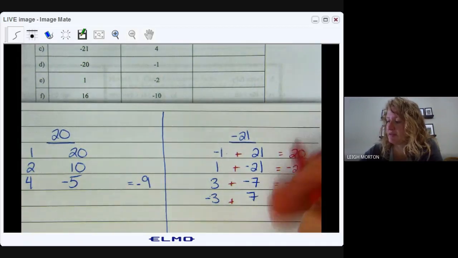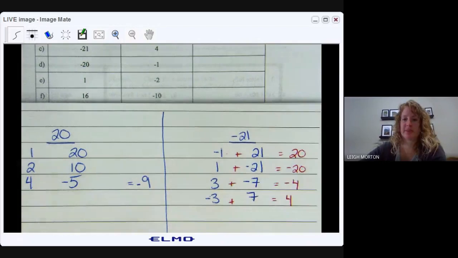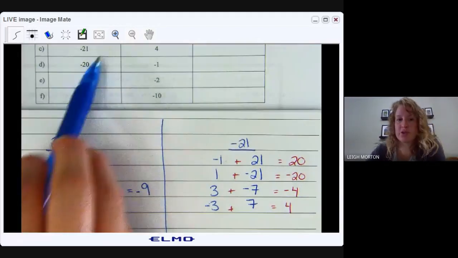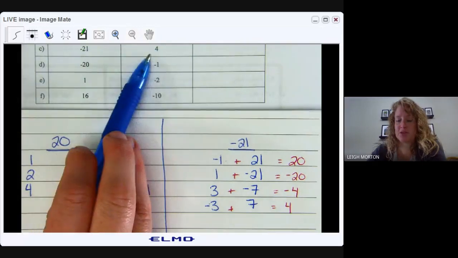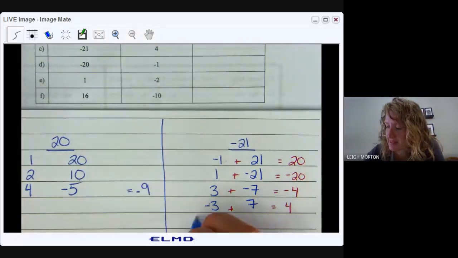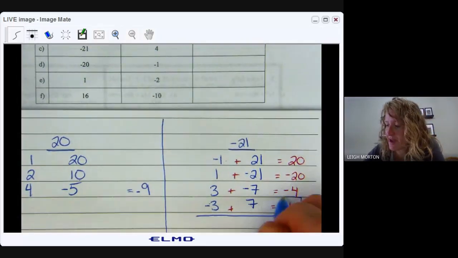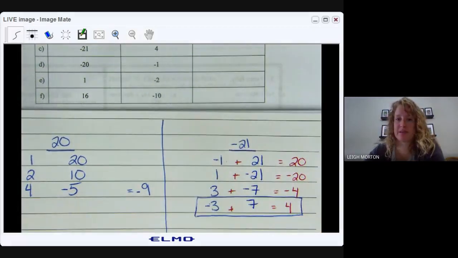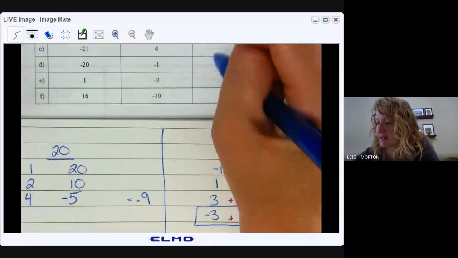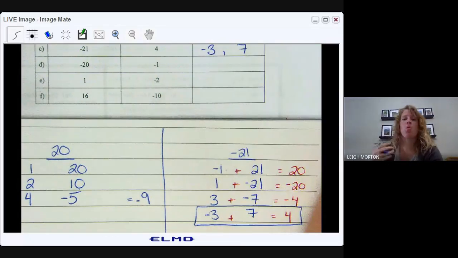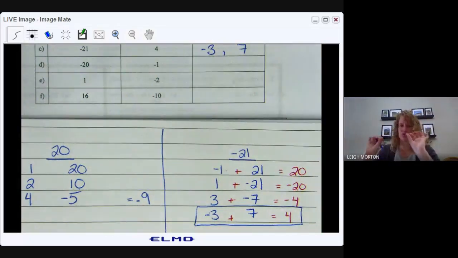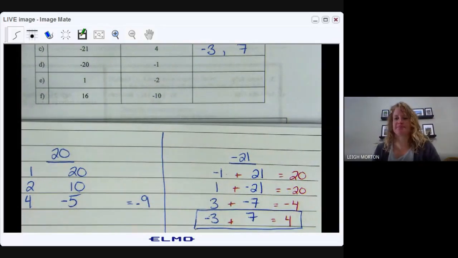Negative 3 plus 7 is positive 4. So I'm looking for two numbers that multiply to negative 21 and add up to positive 4. That's my last factor set right here. So these two integers are negative 3 and 7. We don't know why we're doing this yet. Good, great. I just need you to be able to do this.